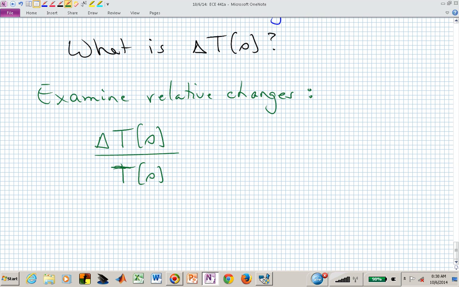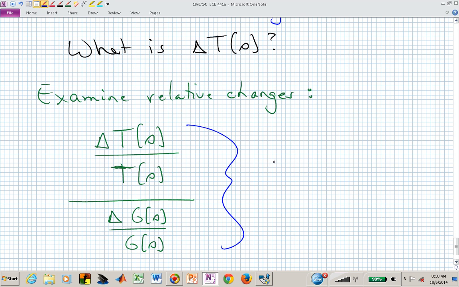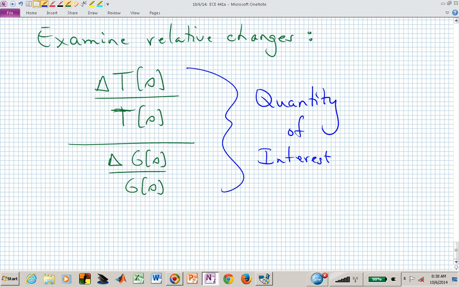And we want to see, how is that ratio relative to the relative change in our plant itself. This is now our quantity that we're interested in. We have a delta T over T divided by delta G over G. And you didn't take 2 or 3 semesters of calculus to just not use it, right?